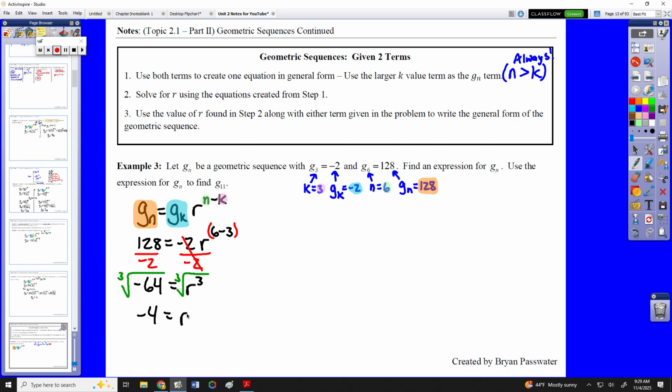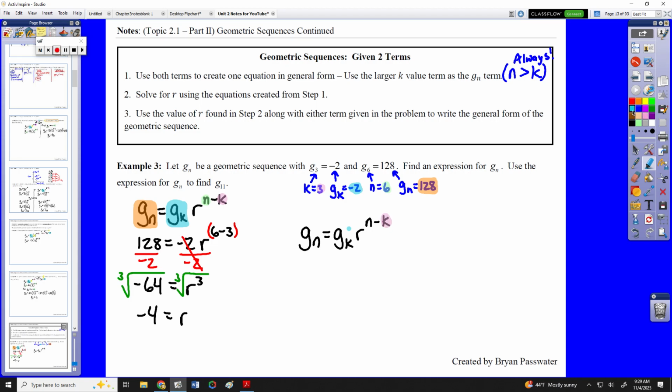Now, once we know that r is negative 4, we know what we need to write our expression. So once we know that r equals negative 4, we go back to that general form equation and input k and g of k into there.